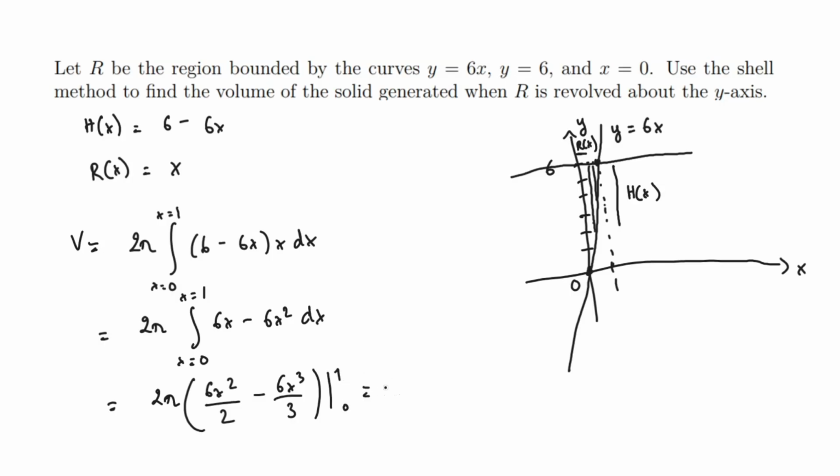So it's equal to 2 pi, substitute 1, so it's going to be 3, minus 2. When you substitute 0, the whole term is going to be 0. So it's equal to 2 pi. So the volume is 2 pi.